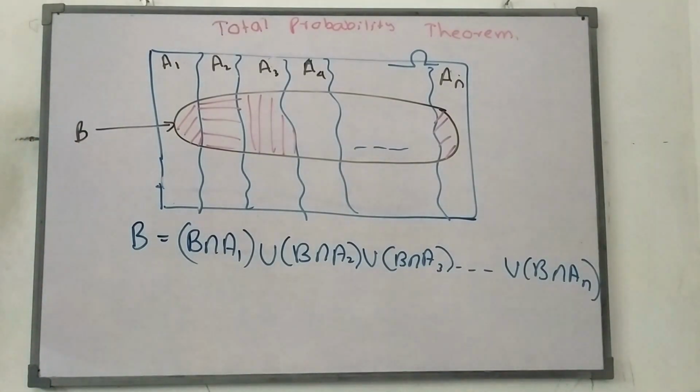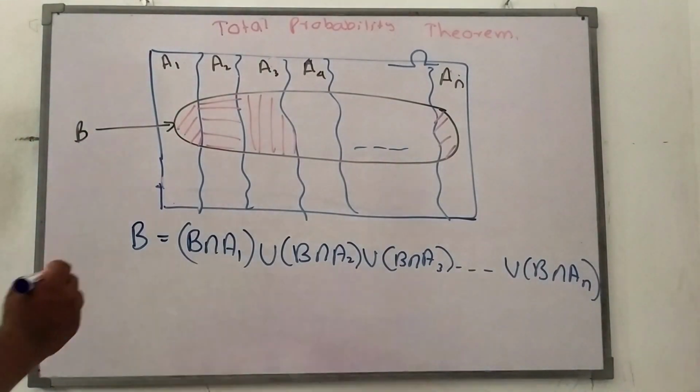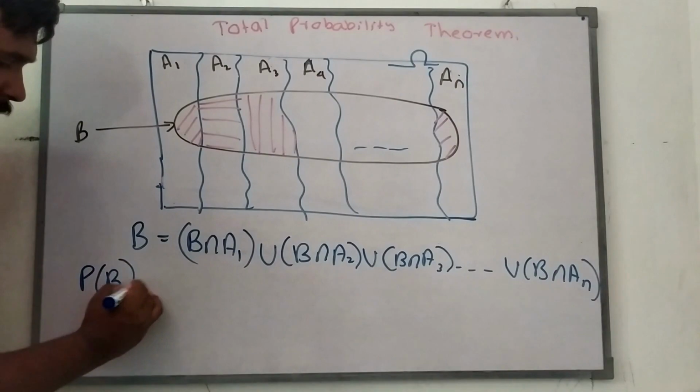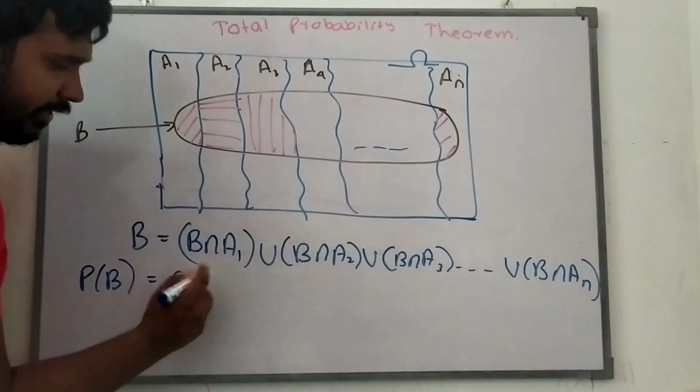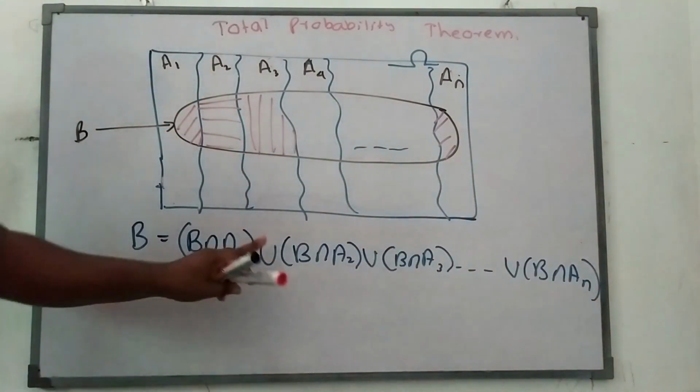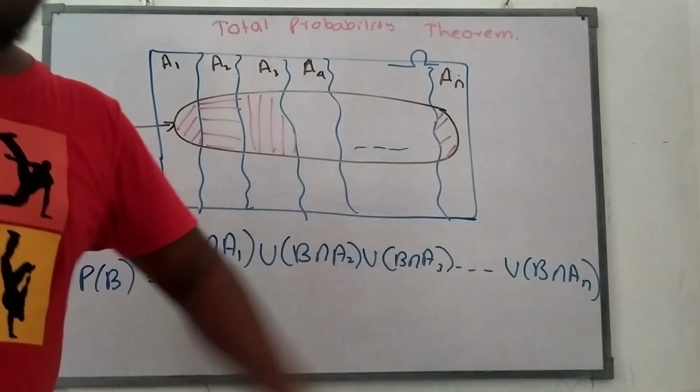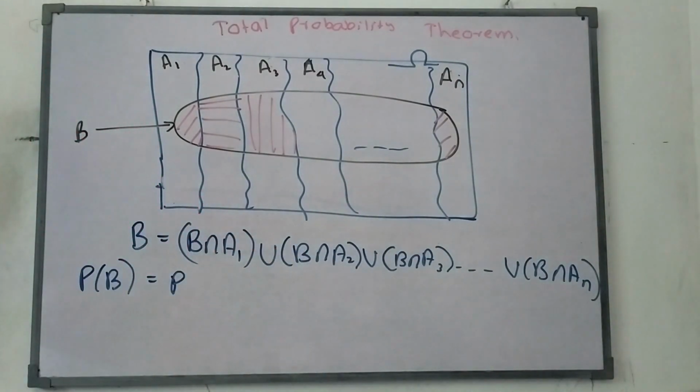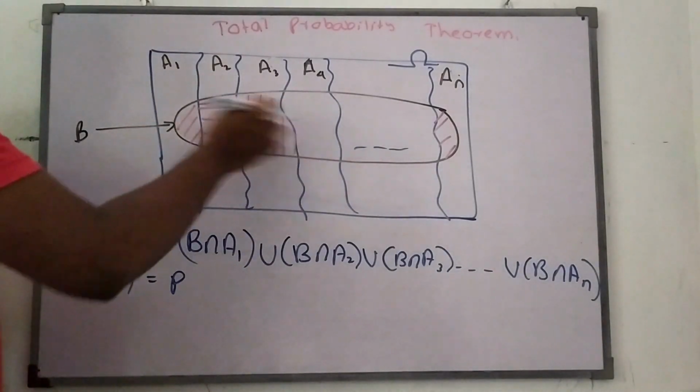So we can write the probability of this whole thing. These are unions, and all the partitions do not intersect each other.